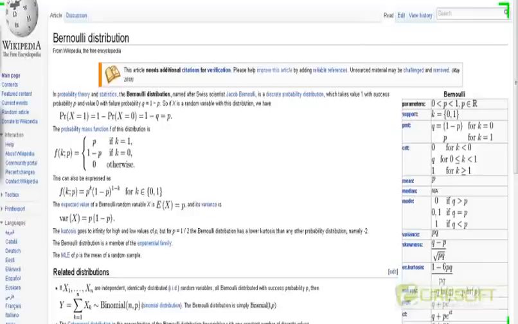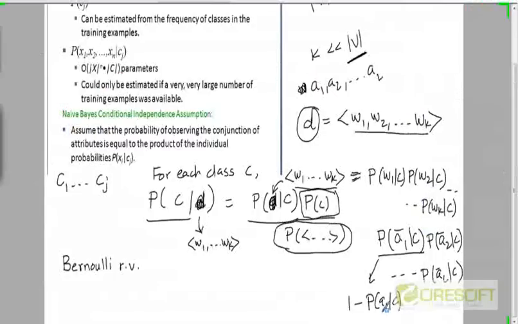But this particular random variable here corresponds to the presence or absence of this word in the document. So if the probability of the word being present is p, the probability of the word being absent will be 1 minus p. So that's a Bernoulli random variable, and there are many variables here. This formula doesn't have a single random variable. It has a random variable for each of the words in the vocabulary.